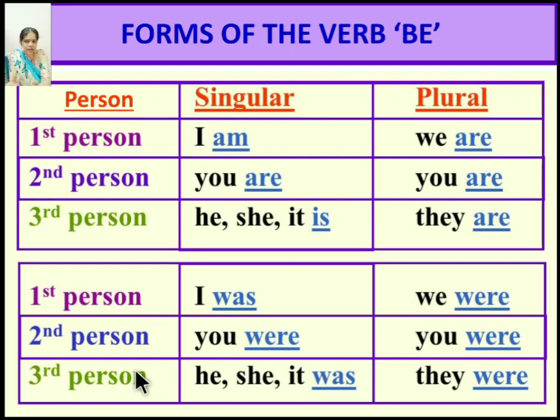Third person in past tense, in the singular form, he, she, or it was, right? Singular, past tense, and third person. Now next, first person, second person, third person, plural form in the past tense. See, we were, first person, so I need to be included over there. So we were, you were, and they were. You can take a note of it.